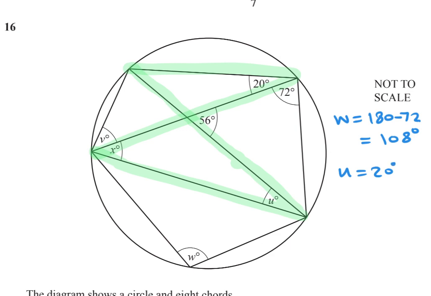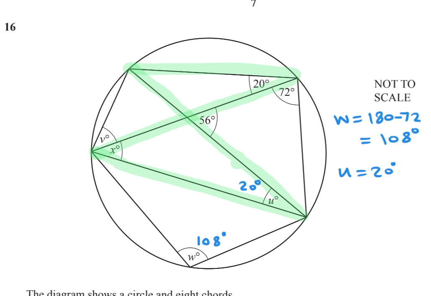Now can we find v, for example, or x? You have a choice. Which one do you need to find first? If you found any angle, it's better to write it. So we found w, which is 108, and we have u, which is 20.